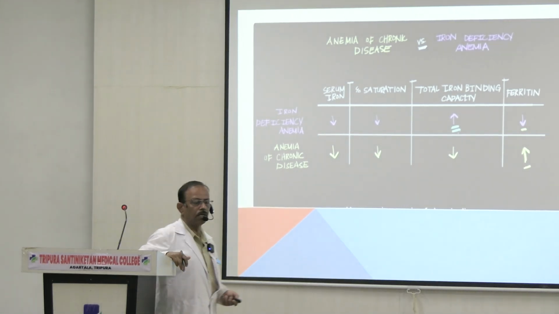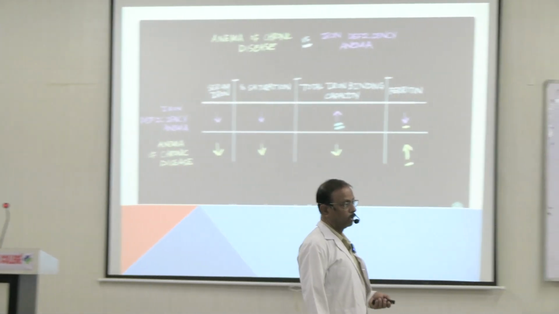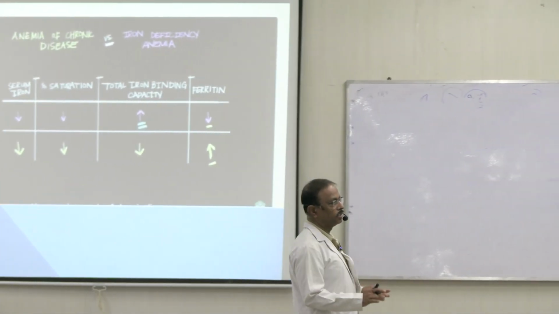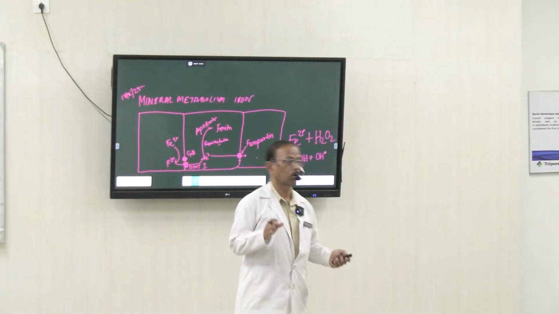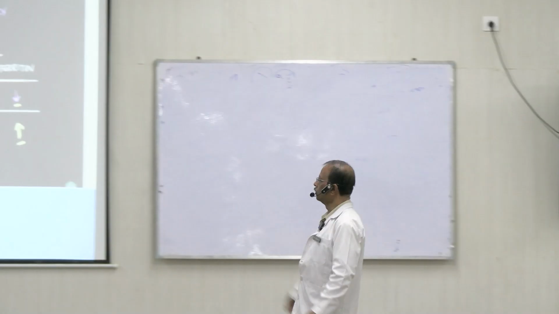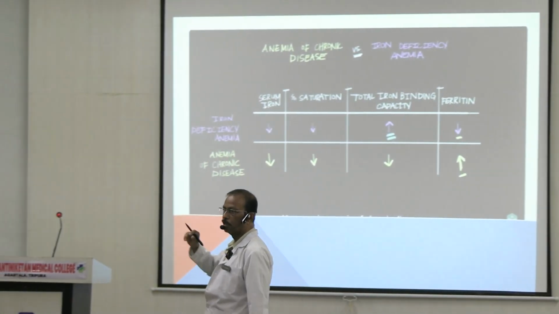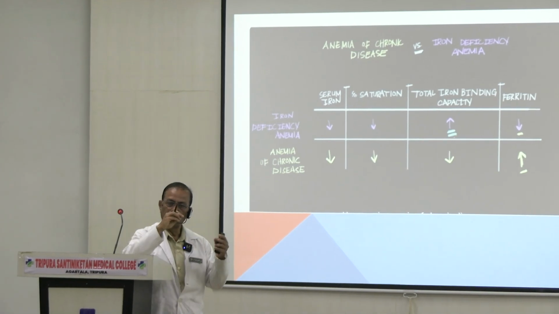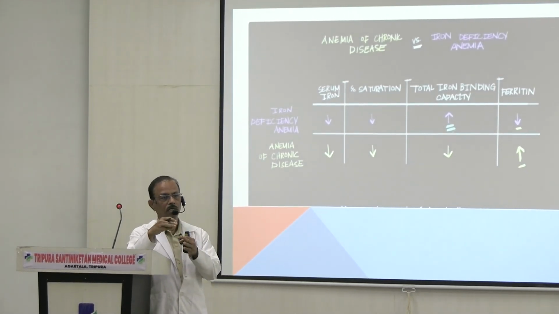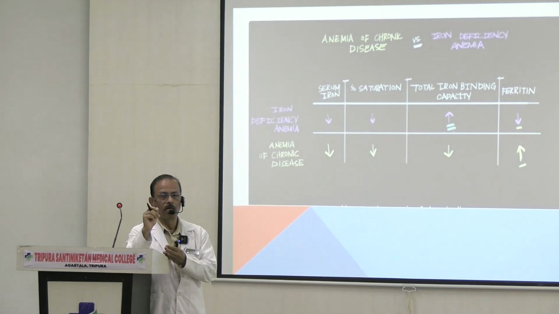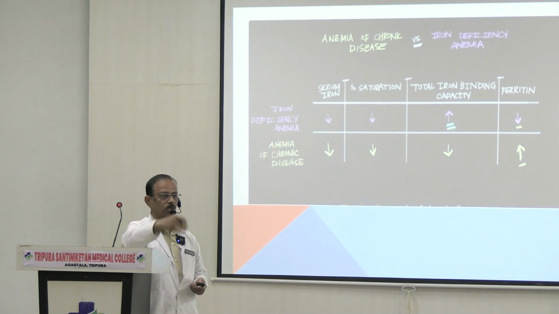in case of anemia of chronic disease, it is normal or high, because the whole hemopoietic system, including the enterocyte, is conserving the iron. Total iron binding capacity, you understood, no? In chronic disease, the available iron binds the apotransferrin, which is also very less in amount.